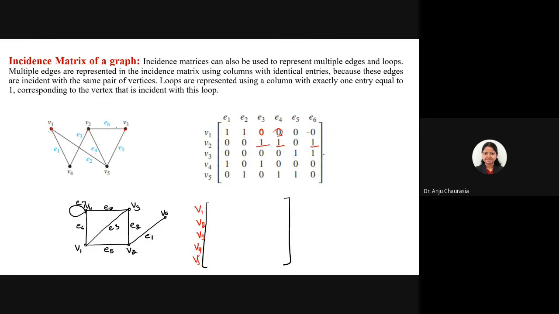This is the concept of the incidence matrix. It shows the incidence of edges on a particular vertex. If you want to know how many edges are incident on the vertices, you can see the incidence matrix. Students, got it?